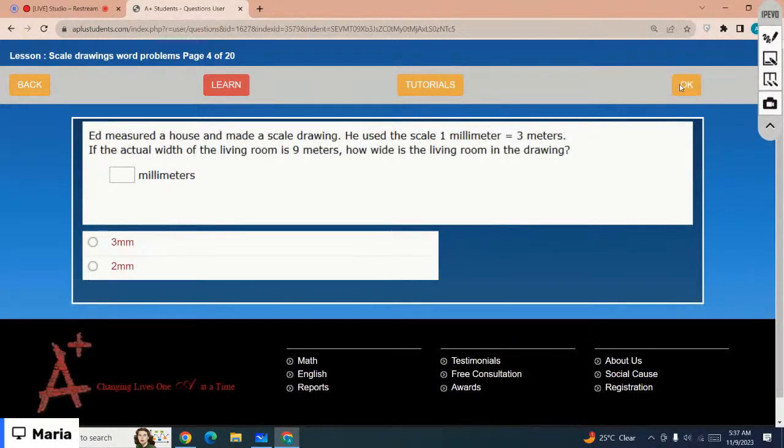Ed measured a house and made a scale drawing. He used scale 1 millimeter equals 3 meters. If the actual width of the living room is 9 meters, how wide is the living room in the drawing? So, which is the correct option?